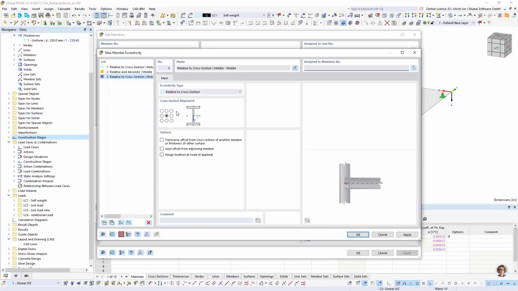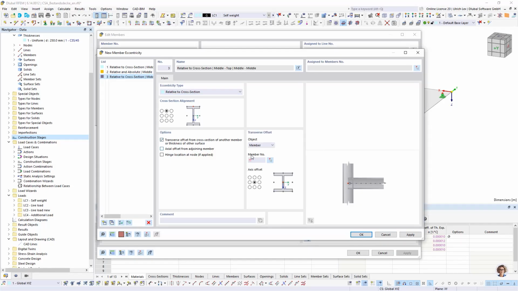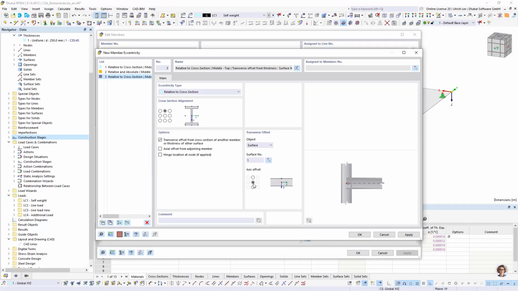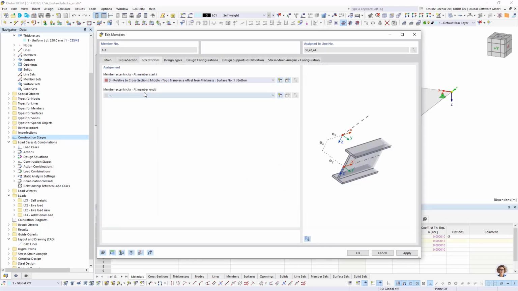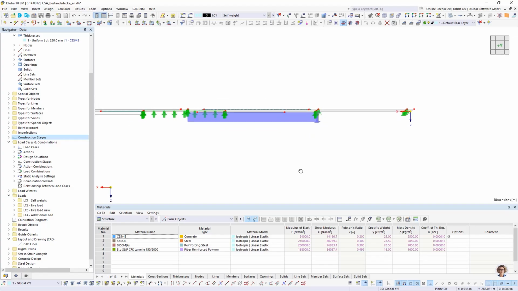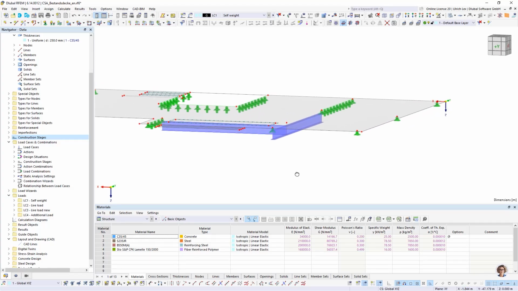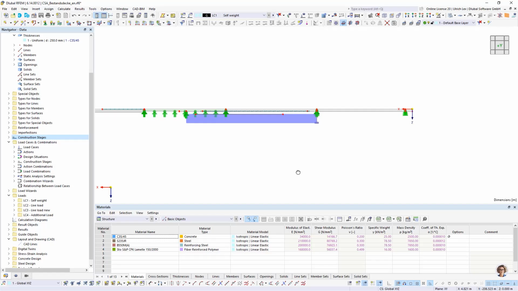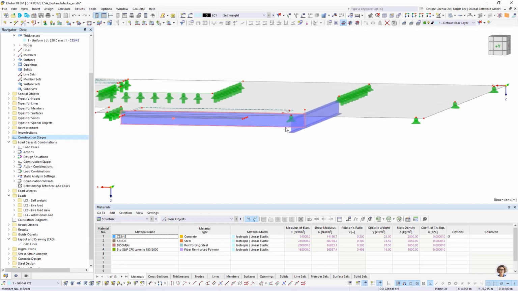It should be acting on the top and transverse to a surface. And this should be on the bottom side. Okay, and this acting on member start and member end. Okay, then it's located on the bottom side of the surface.